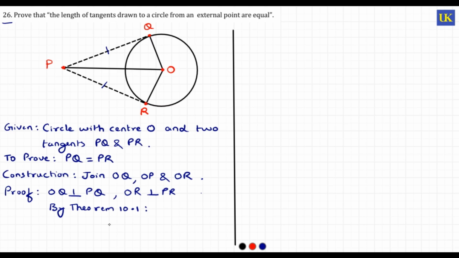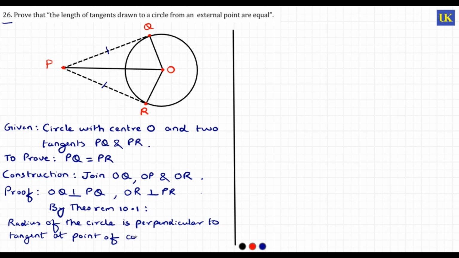Theorem 10.1 says that the radius of the circle is perpendicular to the tangent at the point of contact.